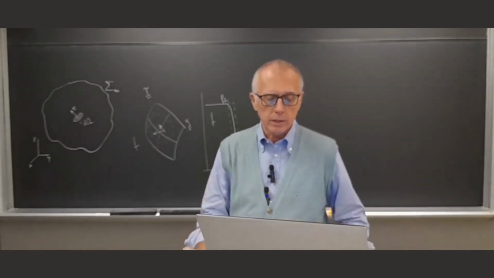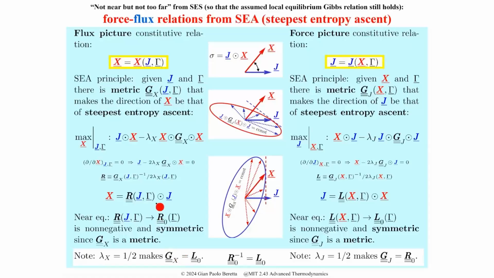You get Onsager relations. And of course, the metric becomes the Onsager generalized conductivity for the L's, or resistivity for the R's. One is the inverse of the other.